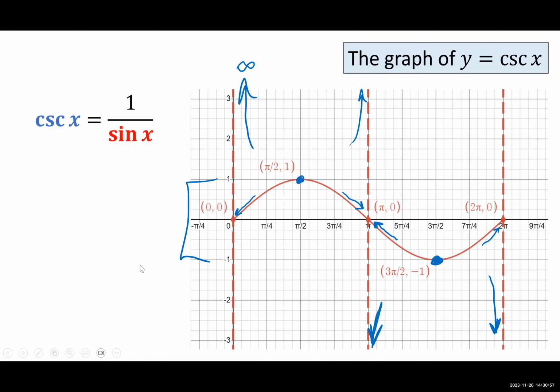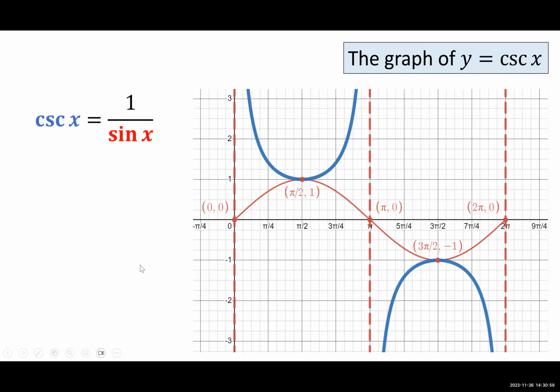All right, so the cosecant graph will end up looking something like this, the blue one. It goes up to infinity at these two asymptotes, and it goes to negative infinity at these two asymptotes. So that blue graph, both parts of it, is the graph of the cosecant function.